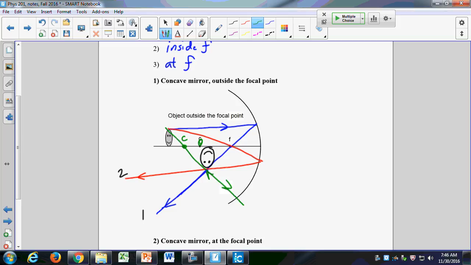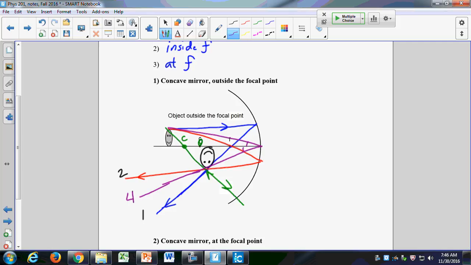If you draw it with a ruler, if you're very careful, and some of you might have done this better, if I draw a ray through the center of curvature, it'll come back, and it'll cross where these two rays are. Okay? And then fourth, I can draw a ray to the center of the mirror, right here, and then follow the law of reflection so that these two angles are equal, and they'll cross all in the same point.